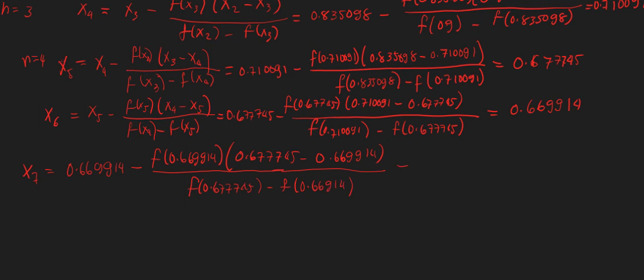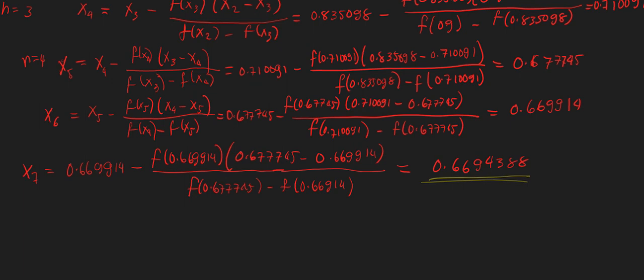Then calculate this again. x7 now will be equal to 0.6694388. So we can now stop the iteration. We already got it up to 4 or 5 significant figures, 0.6694. So this will be our final answer.